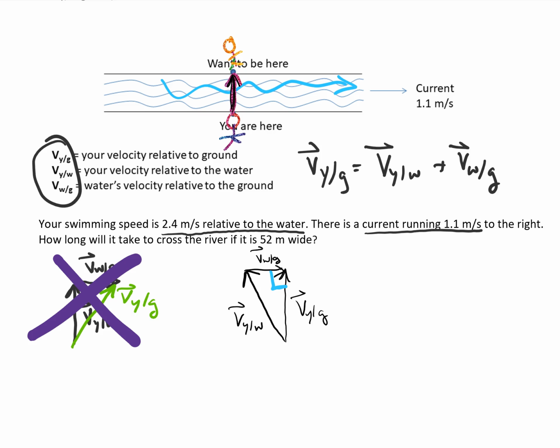So our speed relative to the water, that's this 2.4 meters per second. The velocity of the water relative to the ground is the 1.1 meters per second. And so it should be easy to calculate what this third side of the triangle is, just from the Pythagorean theorem.